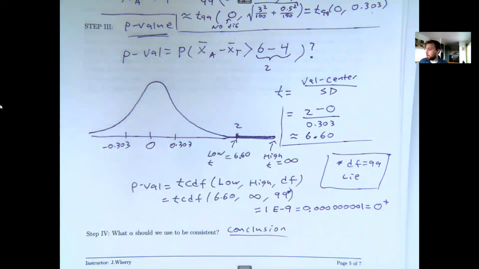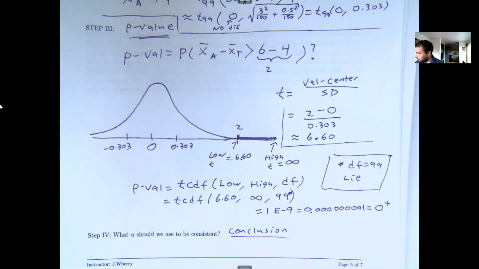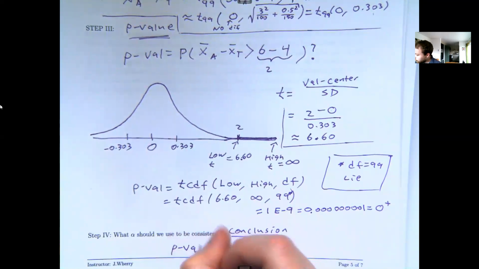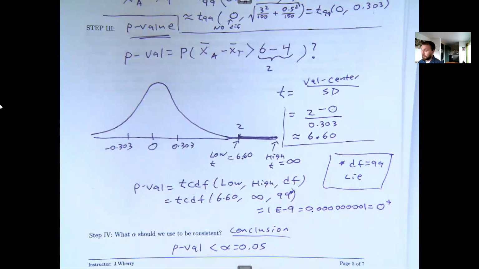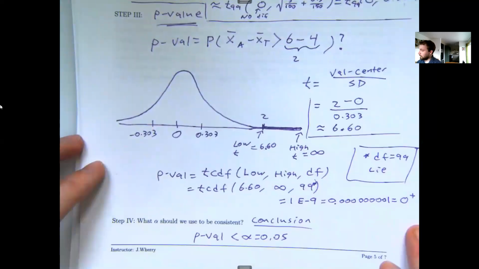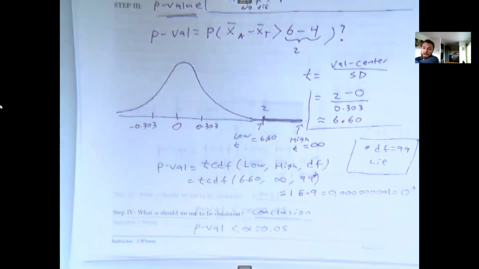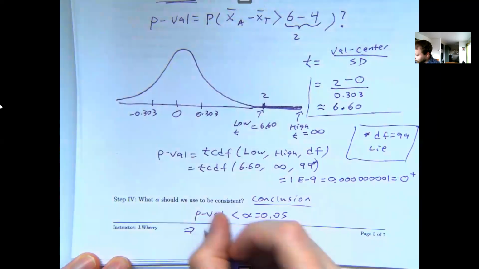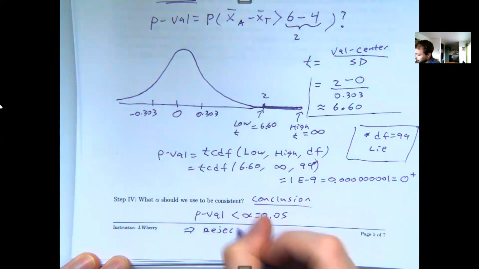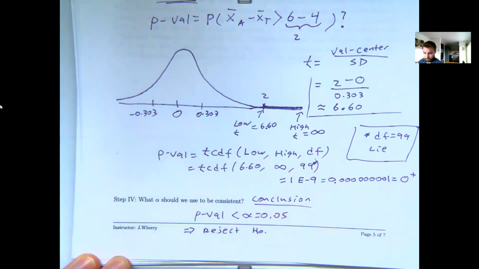Not that it matters at all here, because look how small this is. My p-value is way smaller than pretty much any alpha level that you could reasonably choose. Ours happens to be the neutral value of 5%. If our p-value is low, the null must go, so I am going to reject the null hypothesis.